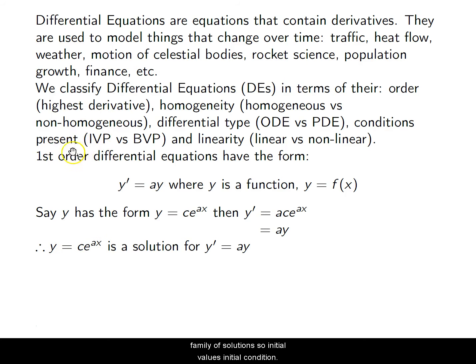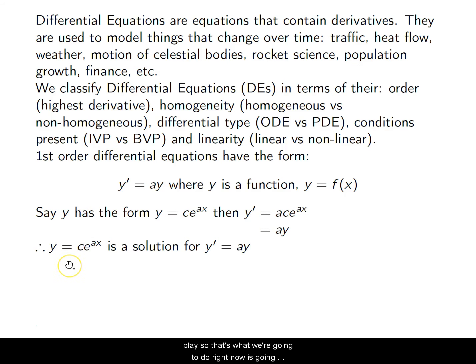So initial conditions are very important because they allow us to have, instead of a general solution, a single solution, right? So IVPs are very common, especially if I'm trying to answer a very specific type of question. If I don't have a specific question, I just want to know what the solutions to something kind of look like, then a family of solutions is fine. But when I need to know an exact solution for an exact problem, that's when an IVP comes into play.